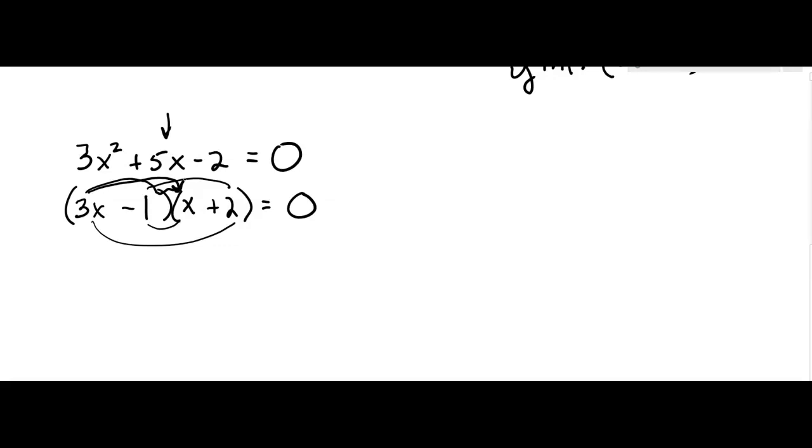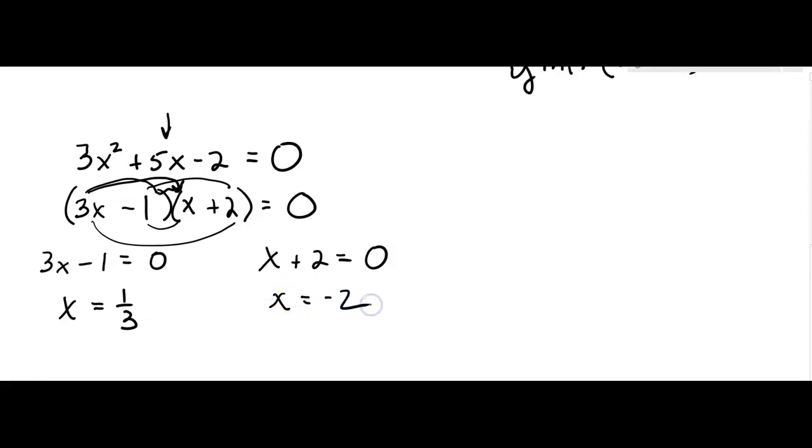So using the zero product principle, either 3x minus 1 equals 0, that gets you x equals 1/3, or x plus 2 equals 0, and that gets you x equals negative 2. So there are two x-intercepts. One's at (1/3, 0), and the other is at (negative 2, 0).